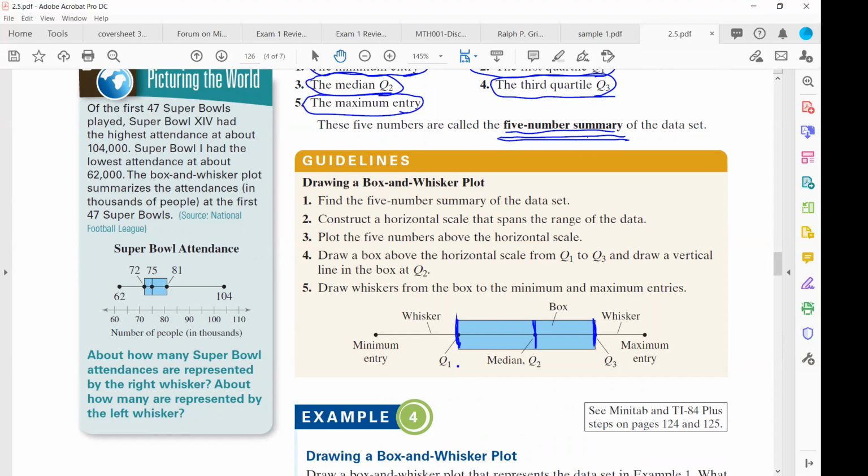The second vertical line segment is for your second quartile or median. And the last vertical line segment is for your third quartile or Q sub 3. Then you connect these together to form a rectangular box, and you connect the minimum entry and the maximum entry to form your whiskers.